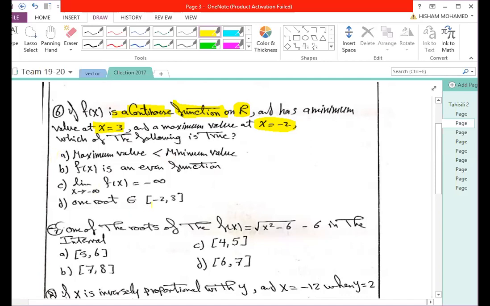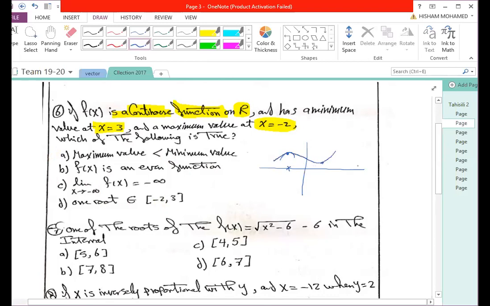One of the roots is between -2 and 3. What do you mean by one of the roots? If you have a maximum value at -2, it means that -2 is a point like this. And if you have a minimum value at x equal to 3, it could be here.